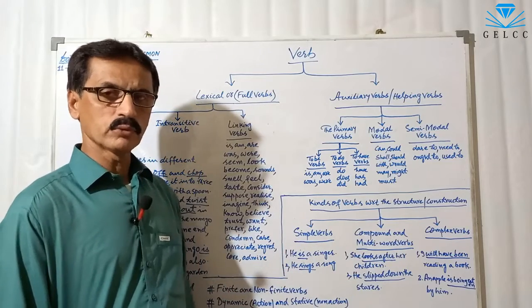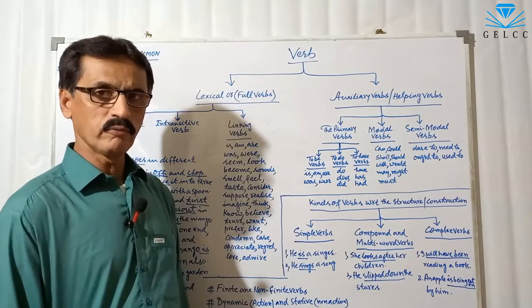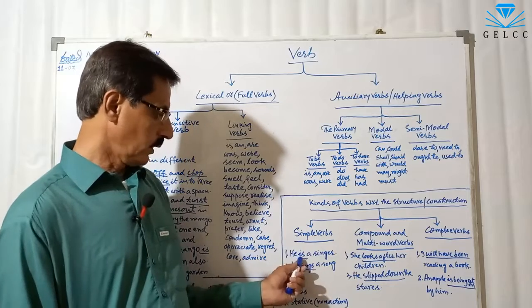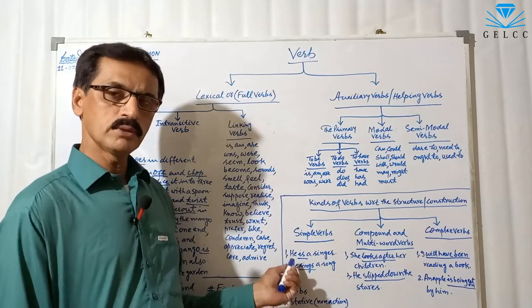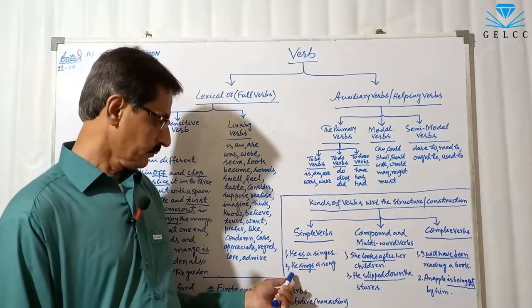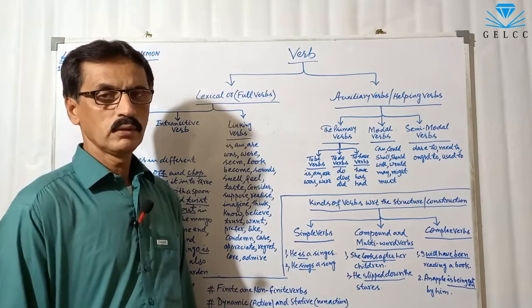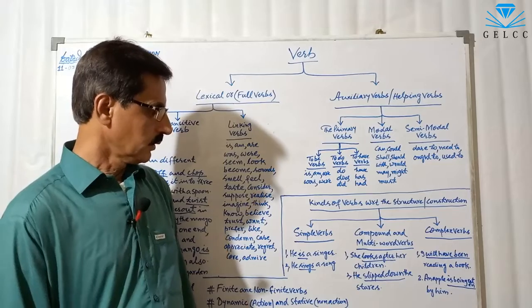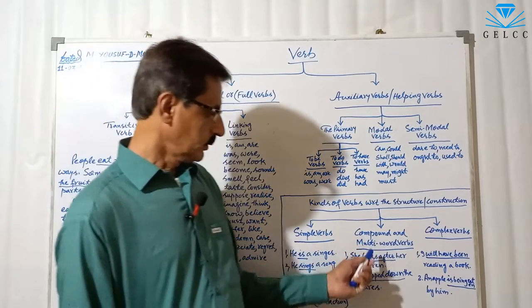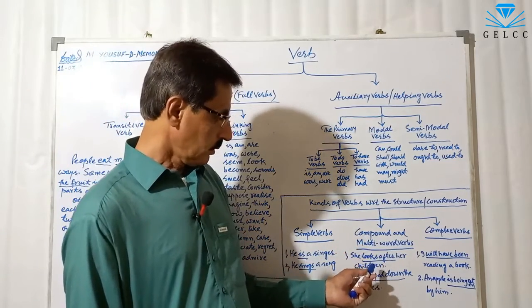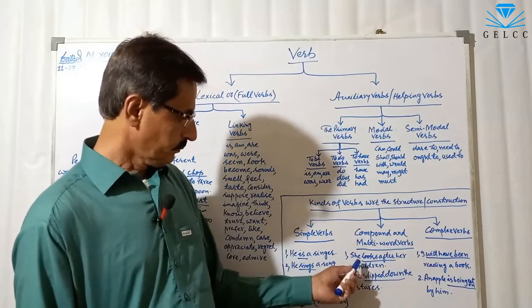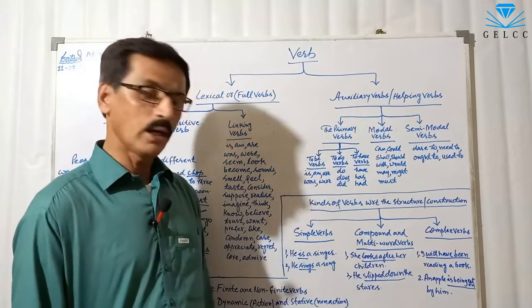Simple verbs are those which are only one word. He is a singer. Is is one word. He sings a song. Sing is a simple verb. Compound are multi-word verbs. She looks after her.